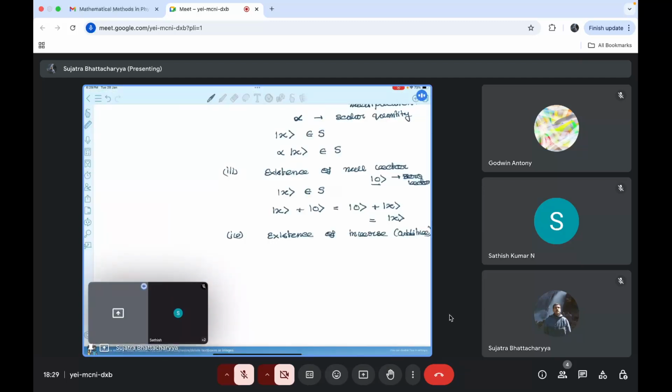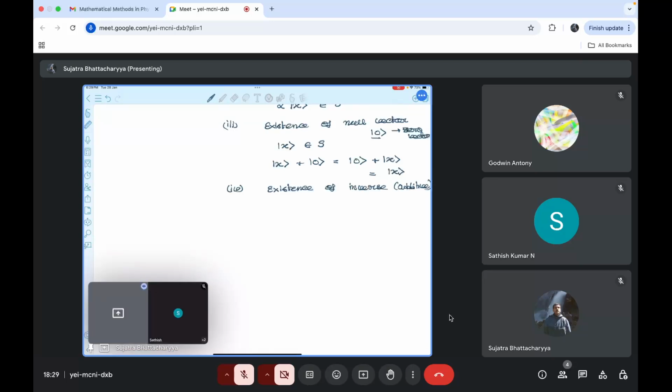Additive inverse. Okay, fine. So how can we write this? Suppose you have a vector x belonging to S. X is a vector which is coming from the set S, where so many vectors are there.